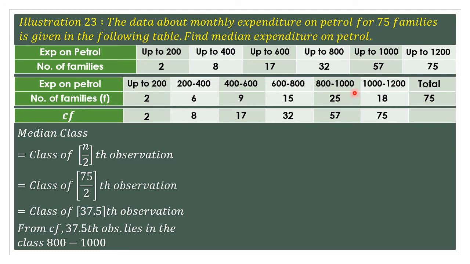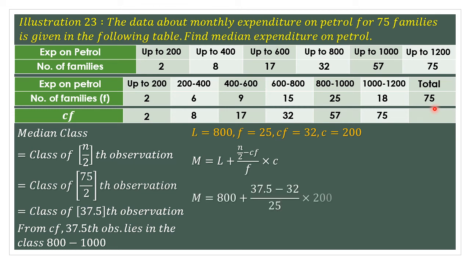We need to identify four measures: the lower limit, that is 800, the frequency, that is 25, the previous CF, that is 32, and the class length, that is 200. Putting all these values into our equation of median for continuous data, 800 plus (37.5 minus 32) upon 25 into 200.